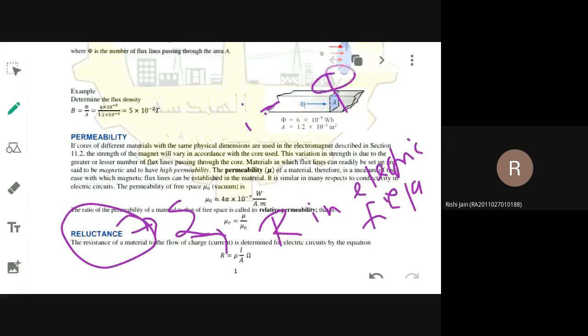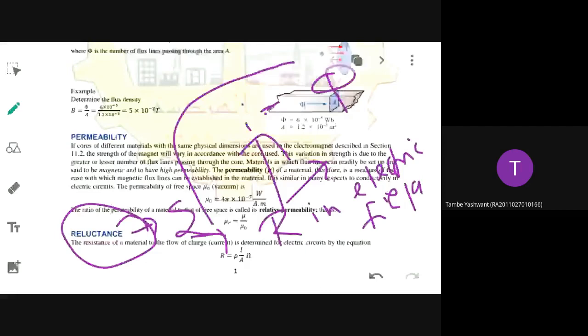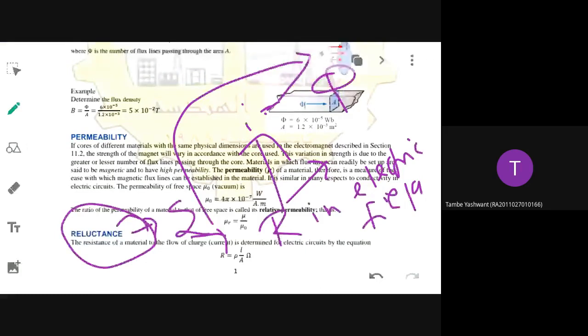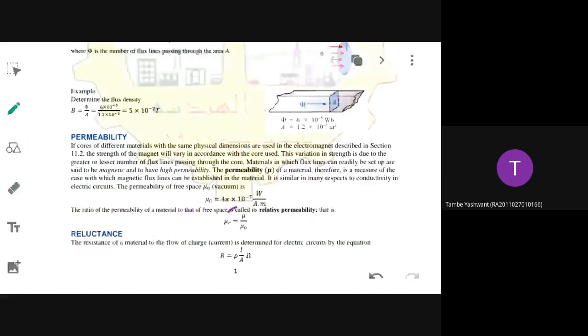If R is the opposition property offered against I, S is the opposition property offered against flux. So this is another similarity between the electric and magnetic fields. That formula is given by S is equal to L divided by mu naught mu r A.